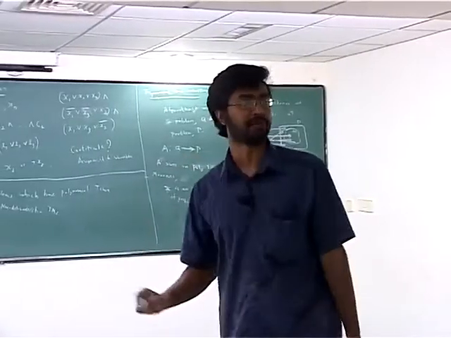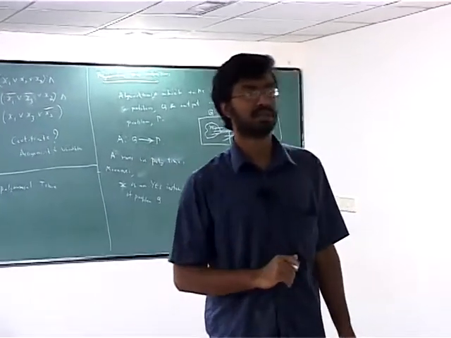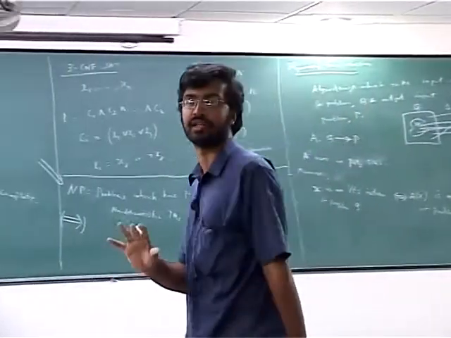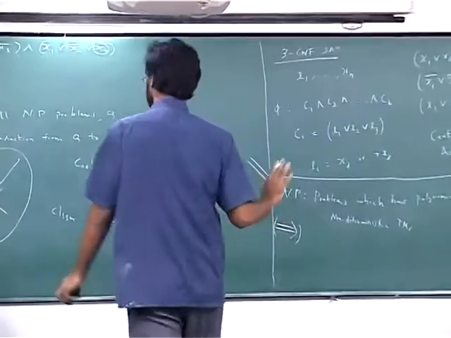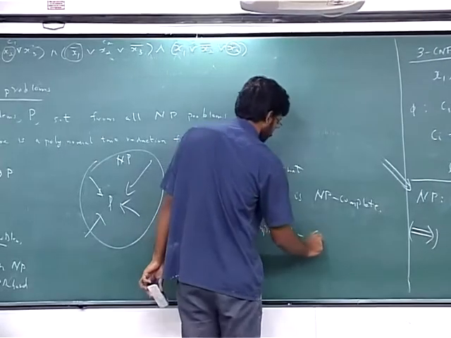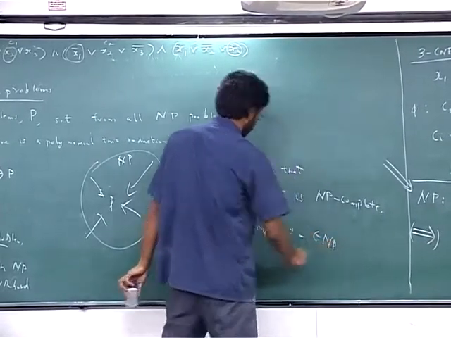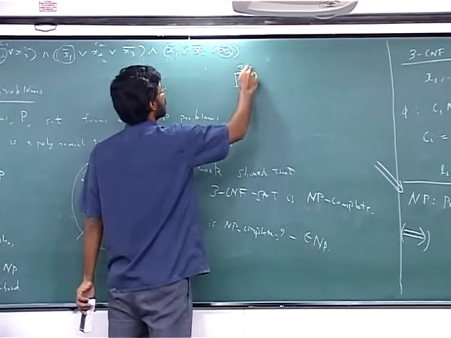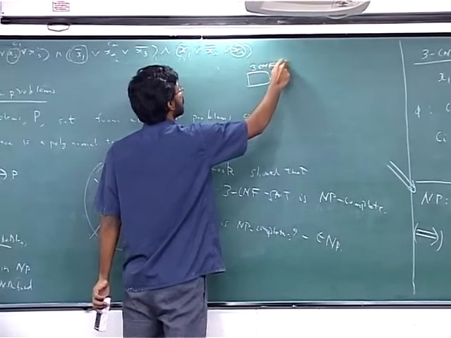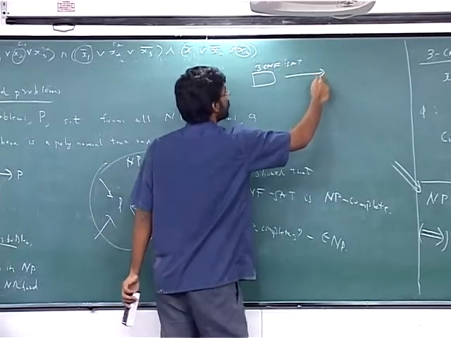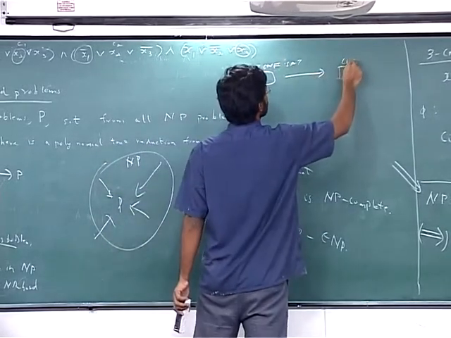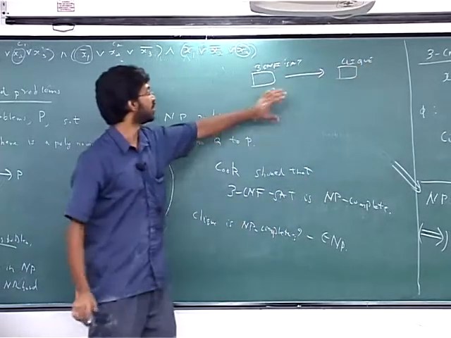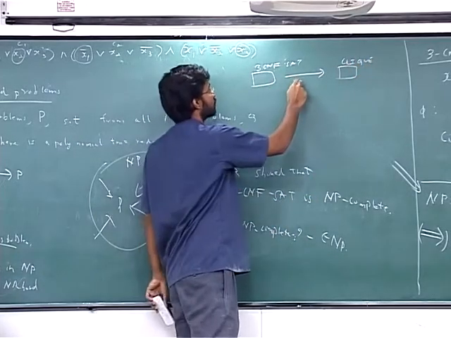First of all, clique is in NP. We saw earlier that it has a certificate, so clique is in NP, which we saw very early. And just now we saw that there is a polytime reduction from 3CNF SAT to clique.